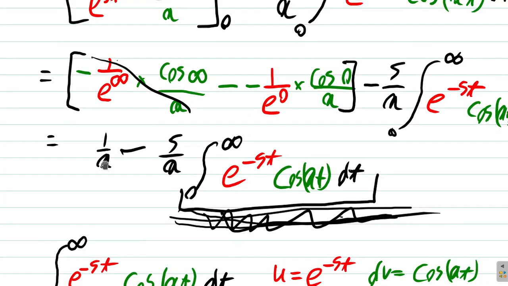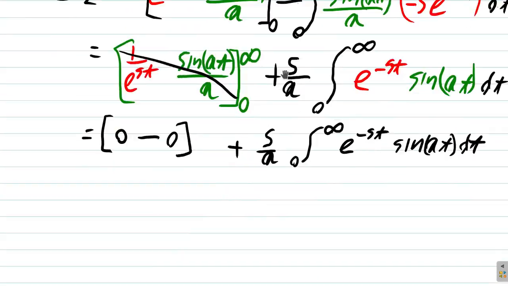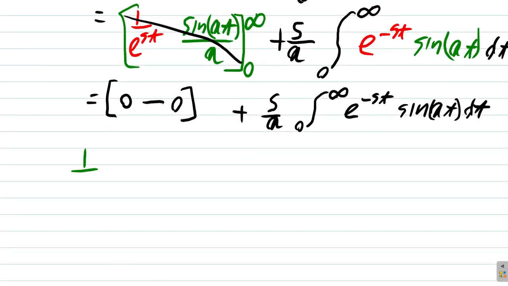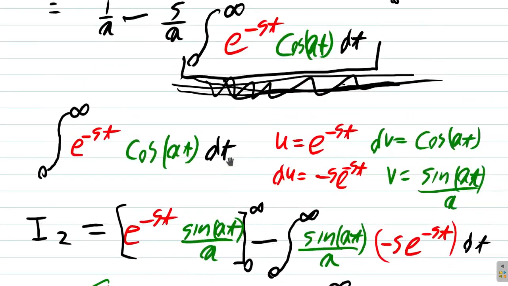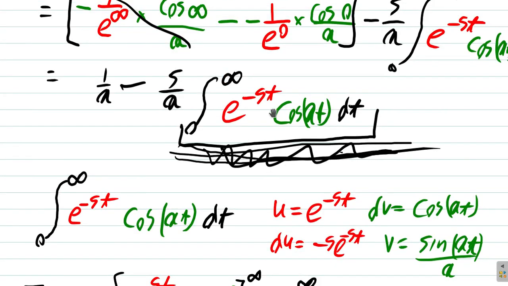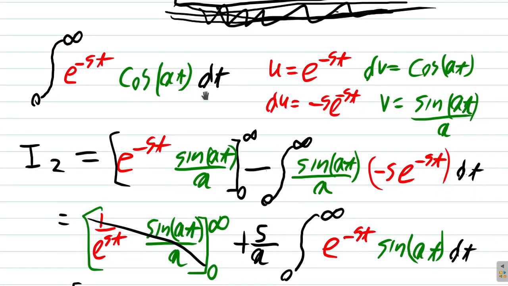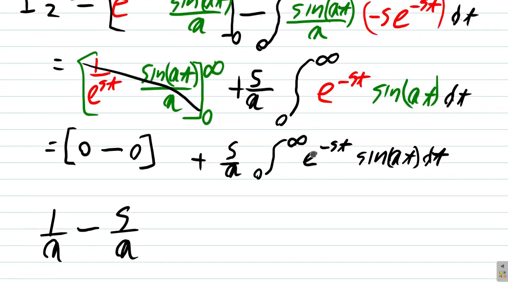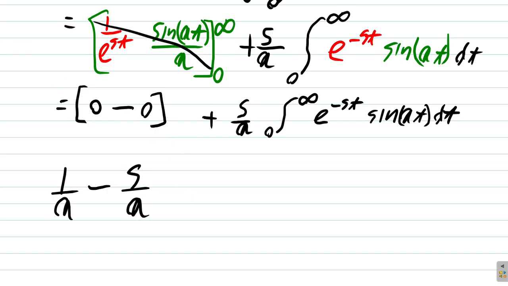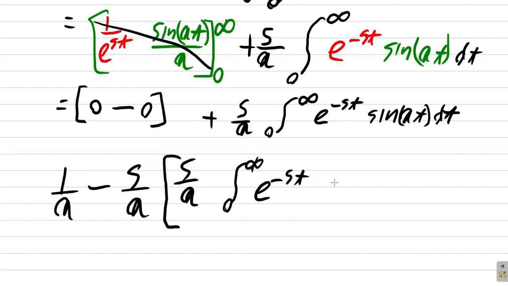That 1 over a minus s over a times, all of this part now amounts to s over a times the integral from 0 to infinity of e to the negative st sine at dt.